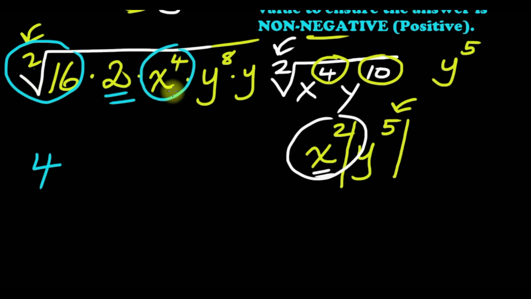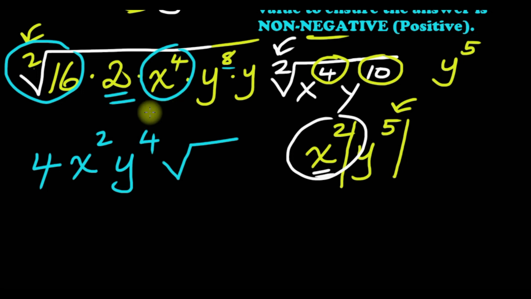And then we know what this is. Square root of x to the 4. So 2 goes into 4 2 times. So that's going to be x squared. And then we don't need an absolute value around x squared because it's a positive number because of the square. 2 goes into 8 4 times. So y to the 4. Again, we don't need an absolute value around y to the 4th because it's a positive number.